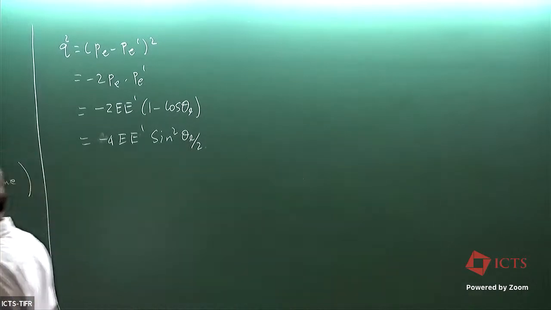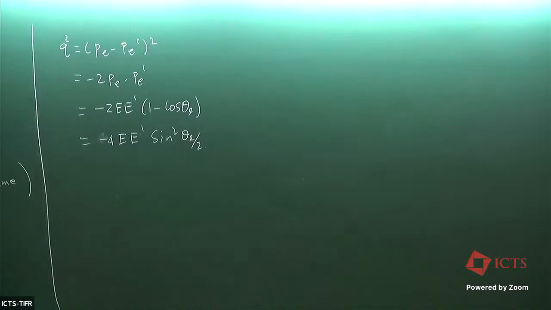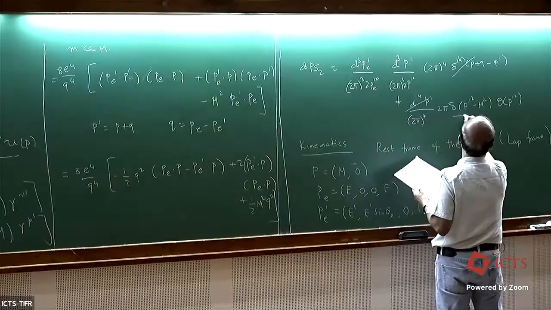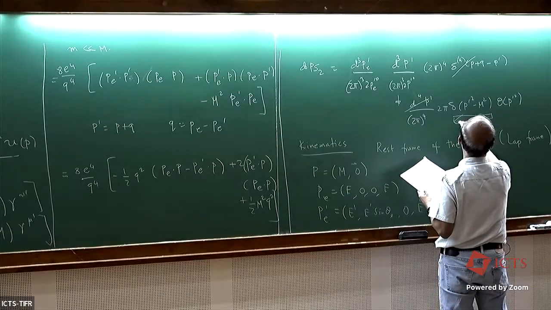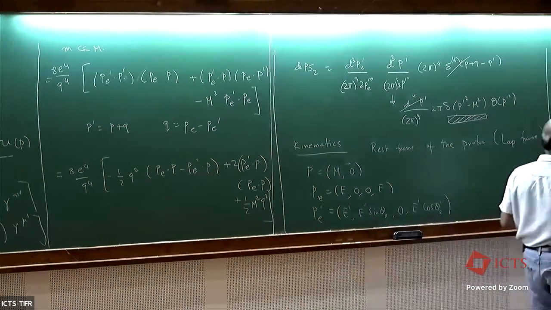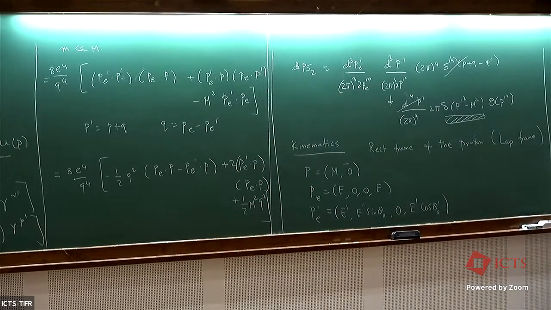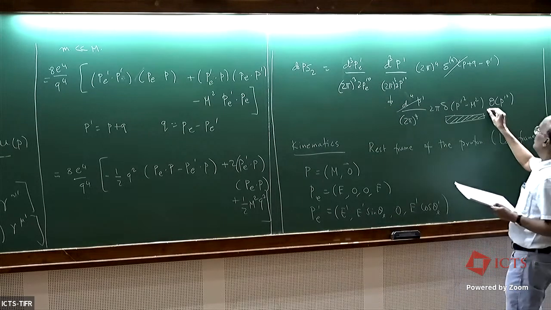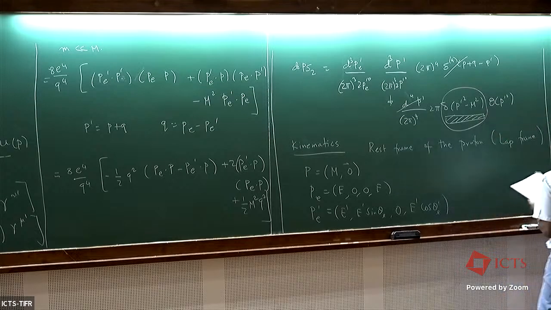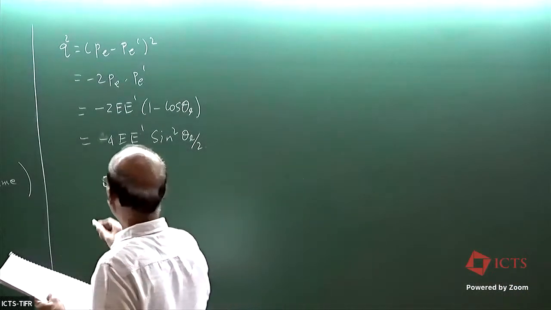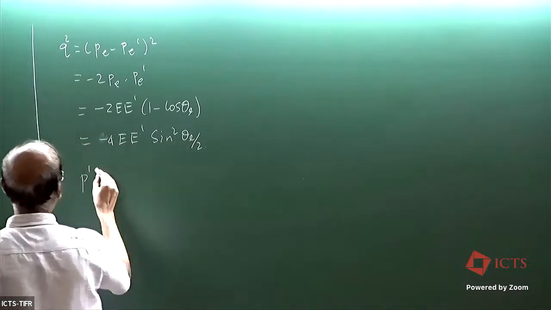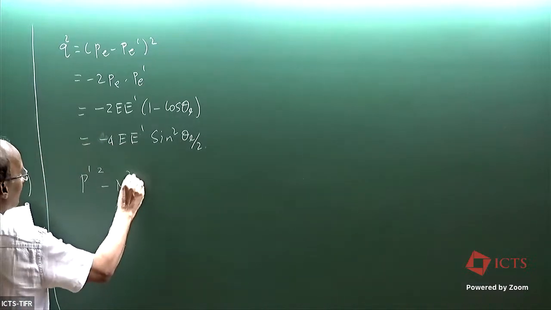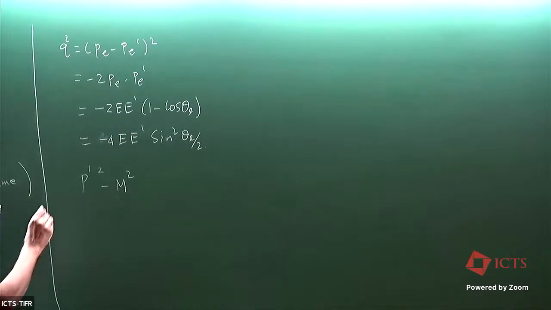Now what about this delta function that I mentioned in the beginning? Let's see what this delta function gives you. p'^2 − m^2, which is coming from the delta function, is nothing but 0.